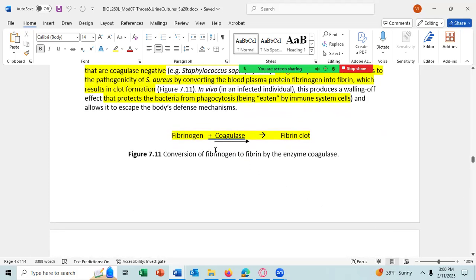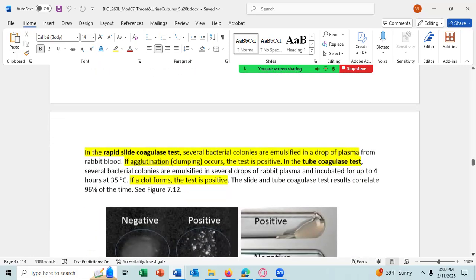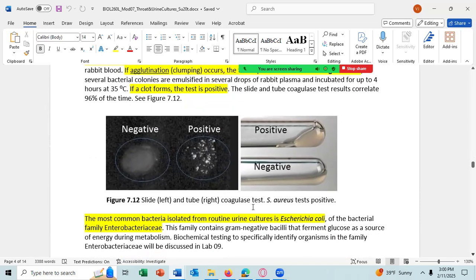So in the coagulase test, we put plasma usually, and in the presence of the enzyme coagulase, which comes from a bacteria like Staphylococcus aureus, you get a fibrin clot. And there are two tests. You can use a slide test where there's plasma here, and this is a negative control where there's no clotting.